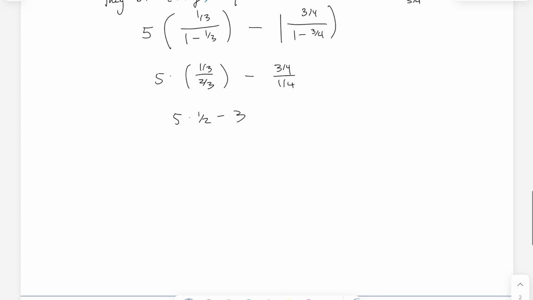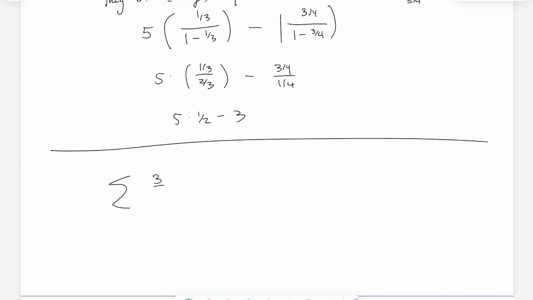I would like you to try to evaluate the sum of 3 over 2 to the n plus 4 to the minus n over 3 to the n over 2. How you like that? See what you think.